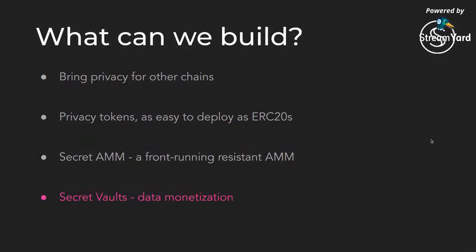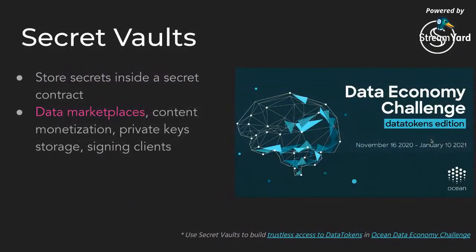And the final example I want to share with you is something we call secret vaults. Secret vaults are a way for you to store data inside a secret contract, and you can implement all sorts of interesting stuff with this, like data marketplaces.